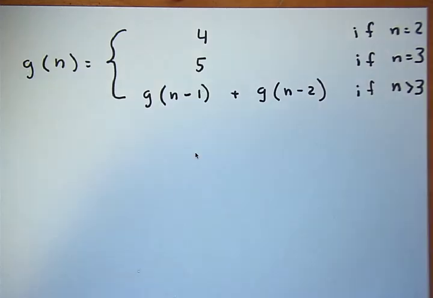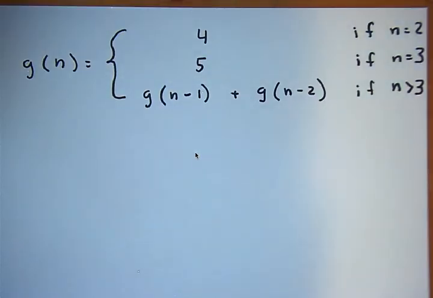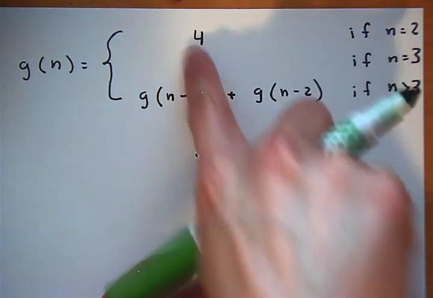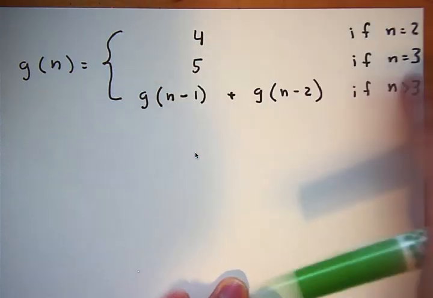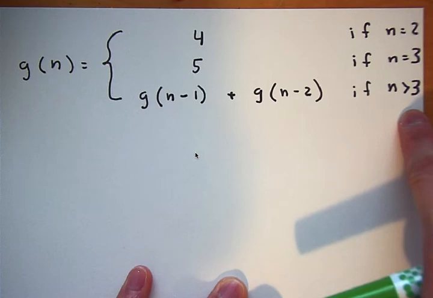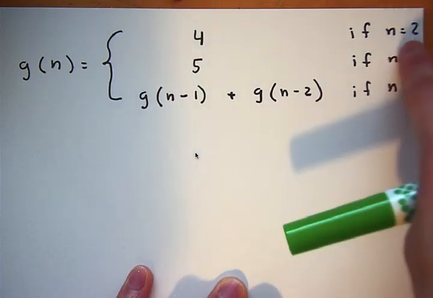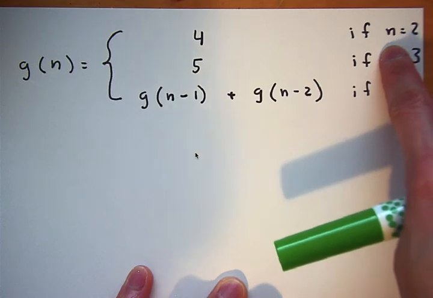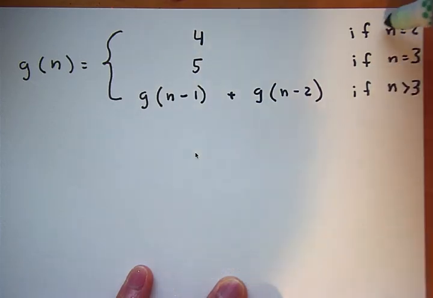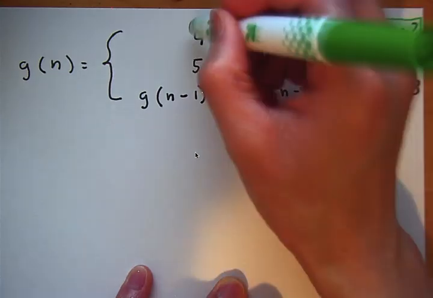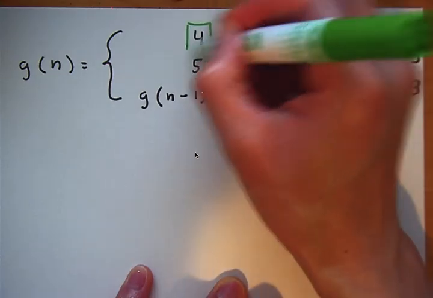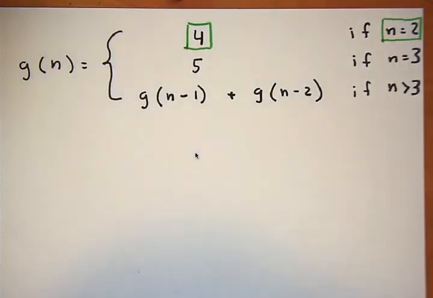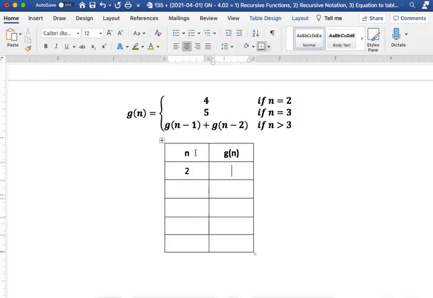All right. So here, remember, each row is basically its own equation. This first row only happens when n equals 2. So this is n equals 2. Your g of n, or your y, is equal to 4. Let's put that into our table. 2, 4. All right.